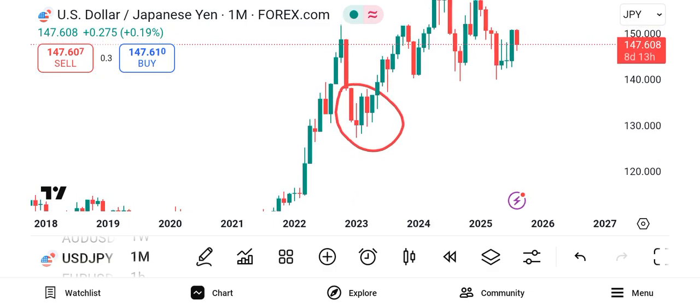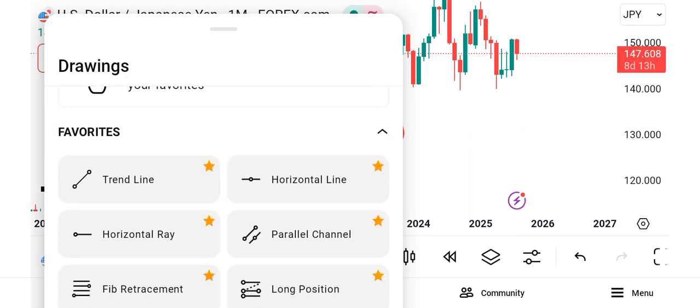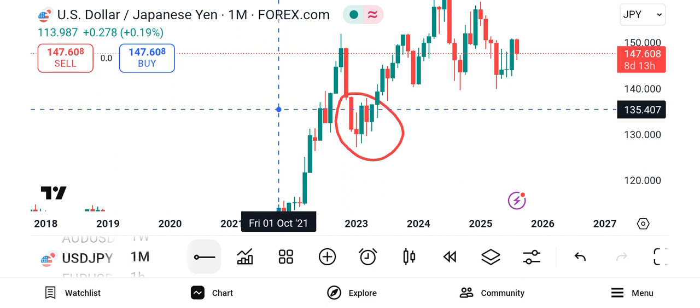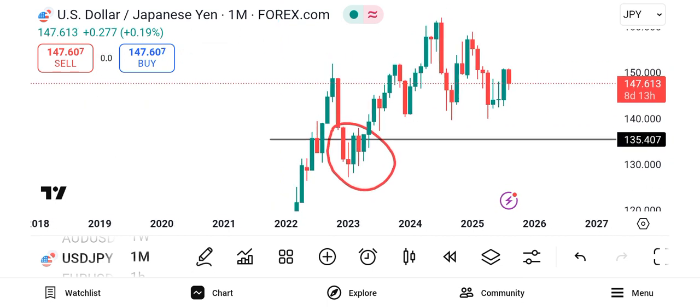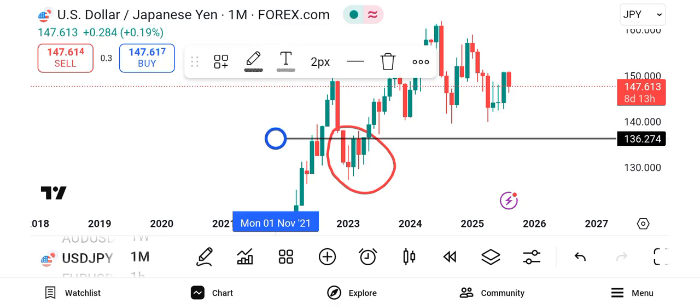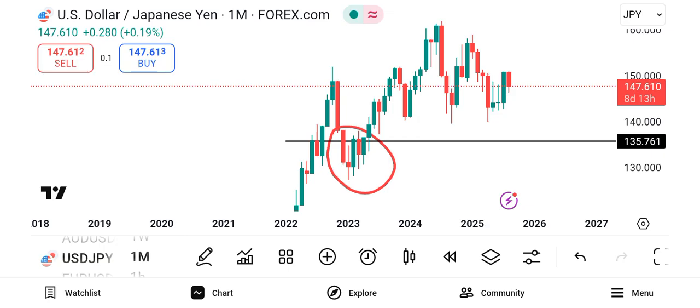Let's say this market, exactly what I explained earlier, broke above this particular high. Remember, this is what we call top-down analysis. It broke this particular high, which may not be clear on monthly, but when you go to weekly, it will be clear. The market rallied up all the way.